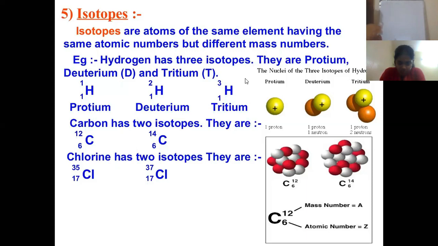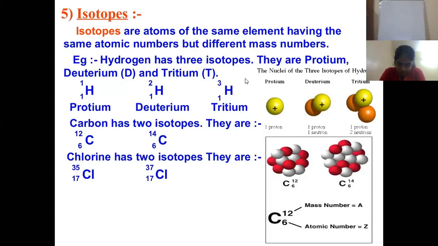Such species were said to be isotopes. So what are isotopes? Isotopes are atoms of the same element. They are not of different elements, but their atomic number is the same, and what is different is the mass number.